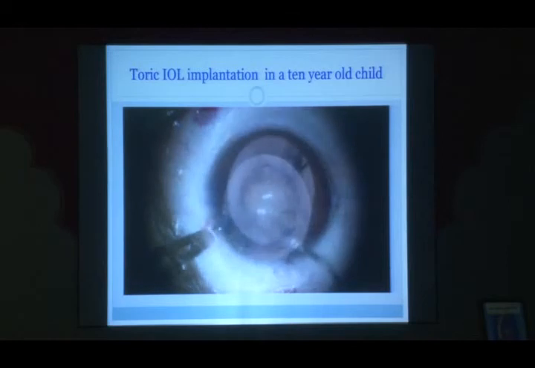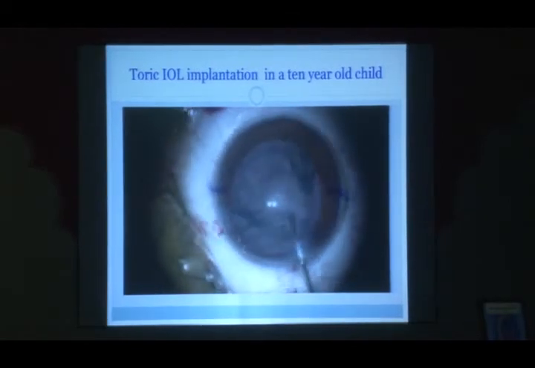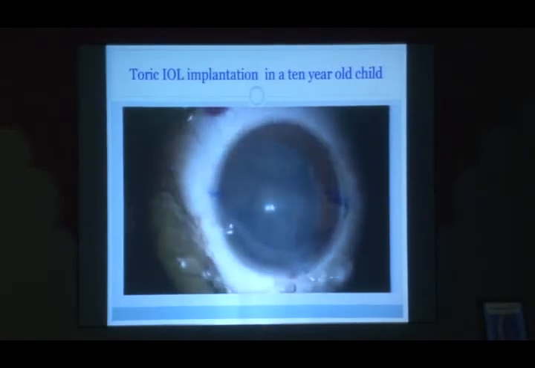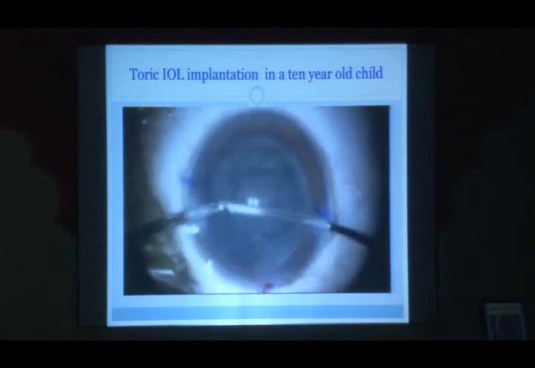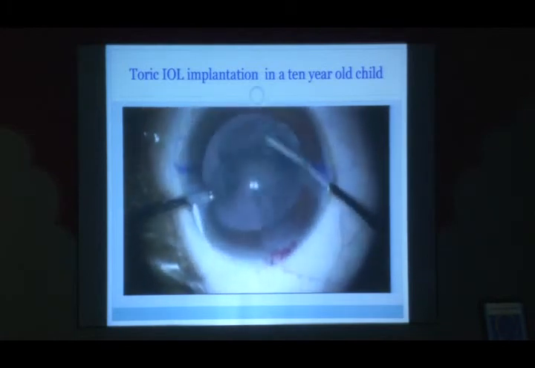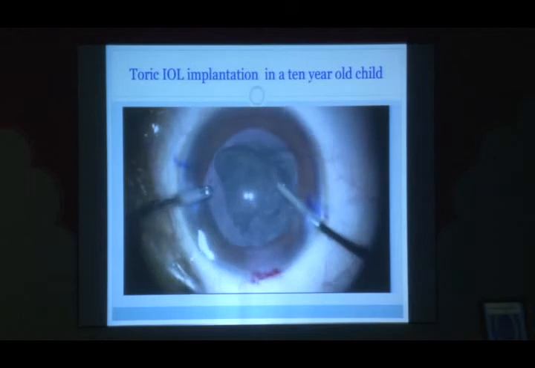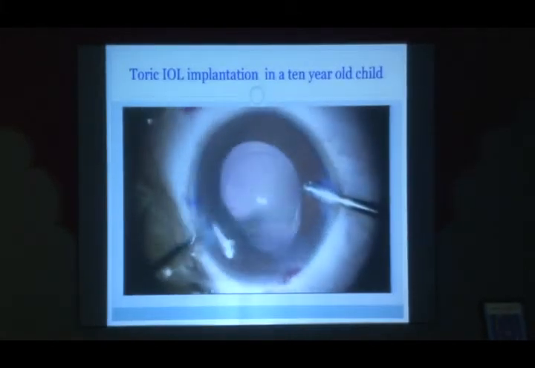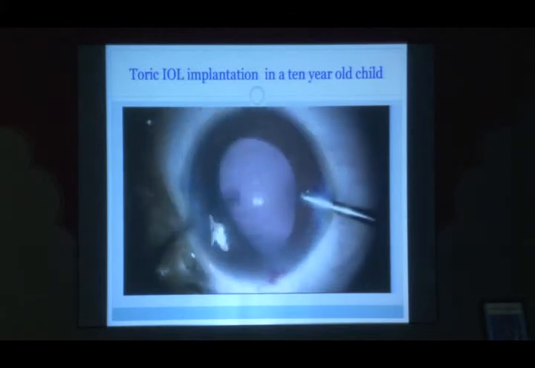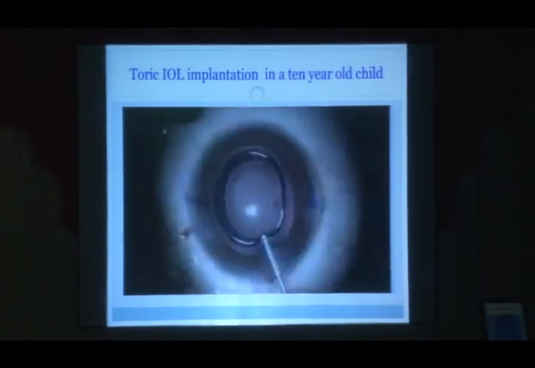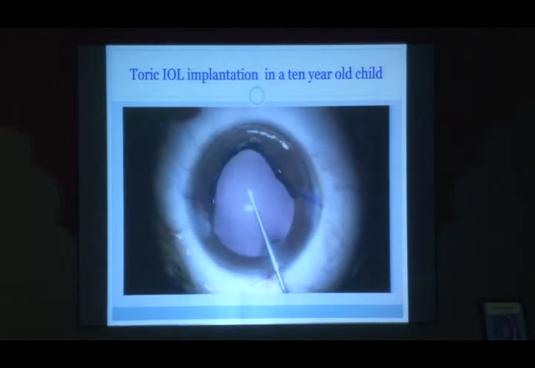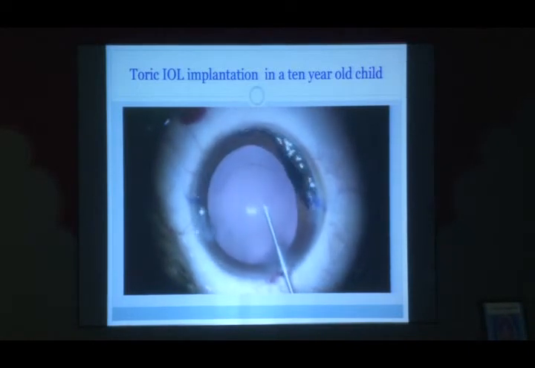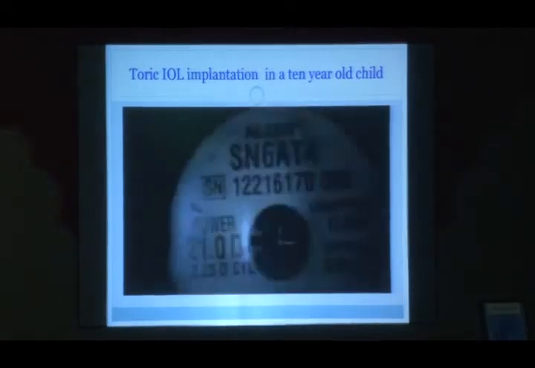Size of the capsulorhexis is kept about 5 millimeters. After hydrodissection, cortex is removed from the capsular bag. The capsular bag is filled with viscoelastic substance.